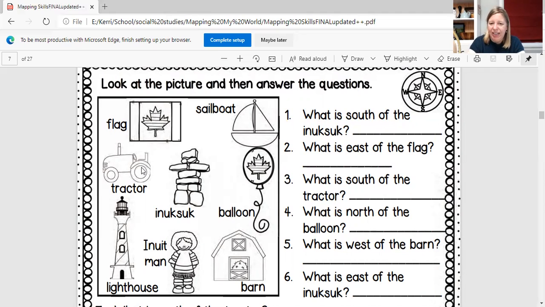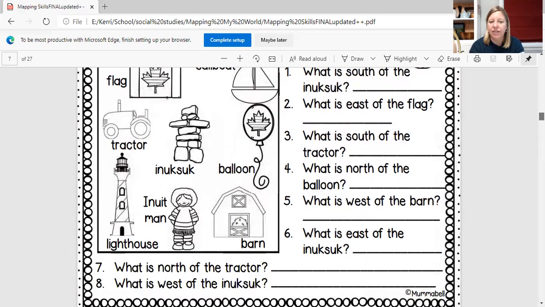You get the idea. Just read each question, fill in the answer using the compass rose and the directions that are there. Once you are finished filling in the letters for the compass rose and filling in the answers for the activity page of using the pictures to answer the questions, please make sure you are asking your parents with your manners to take a picture of your finished work.